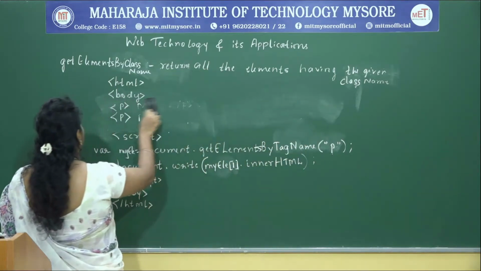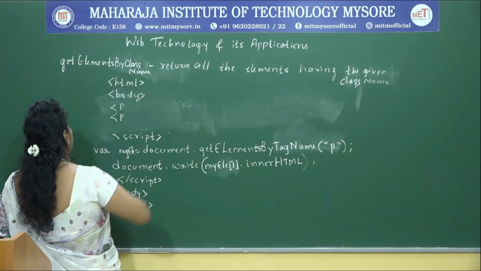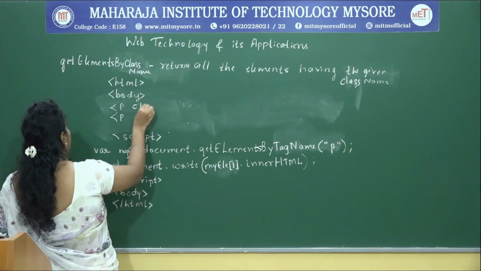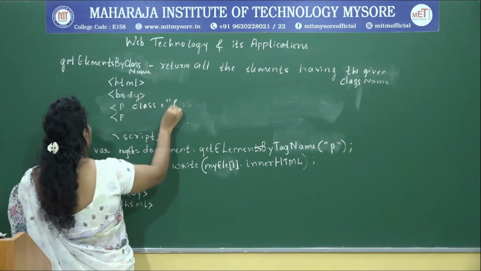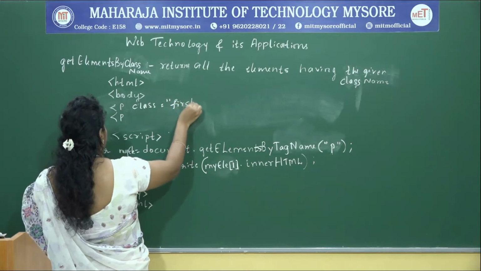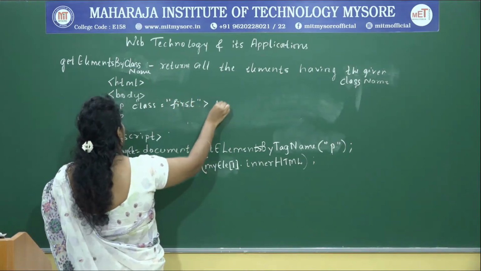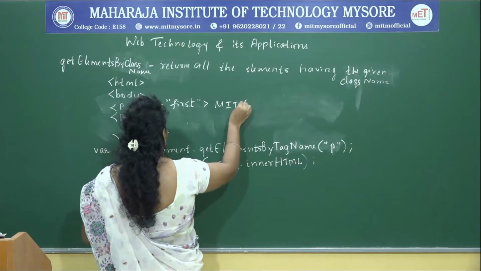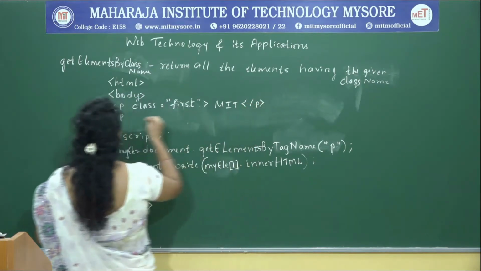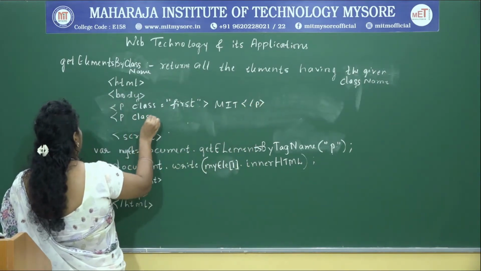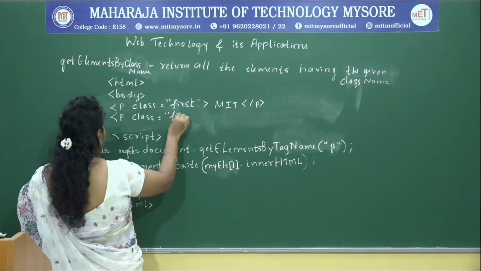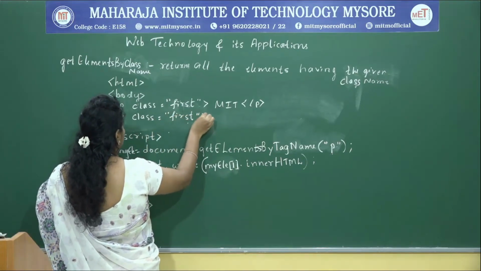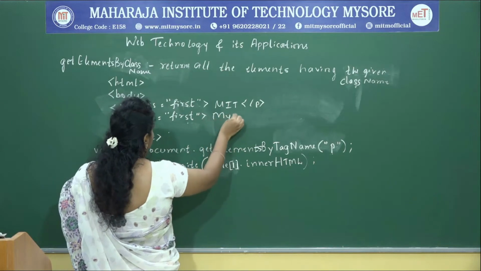I have to use a class selector. So here class equals, class name I am giving as first, MIT. Next, class equals first, this is Mysore.